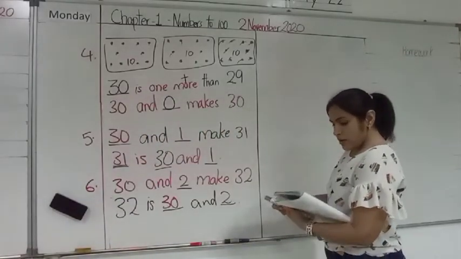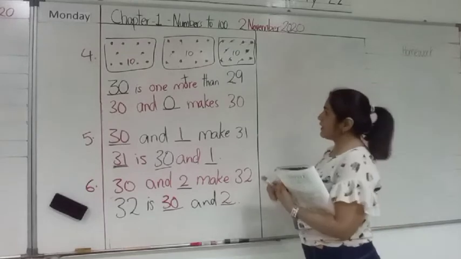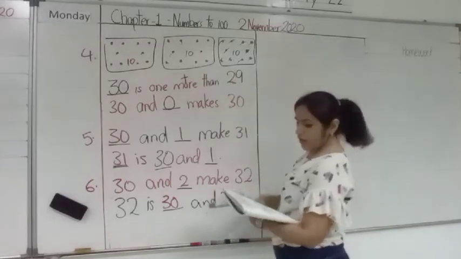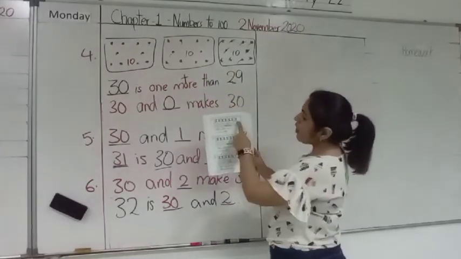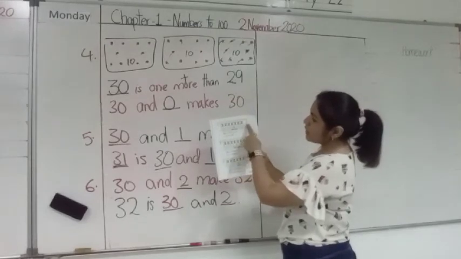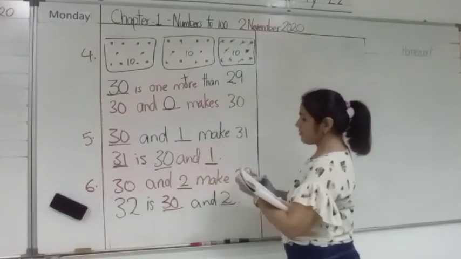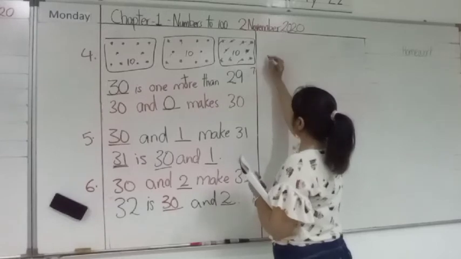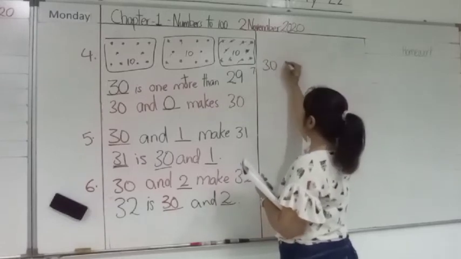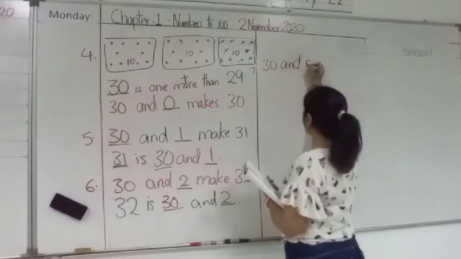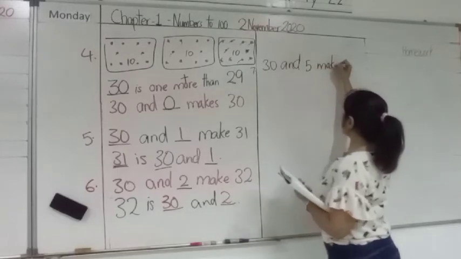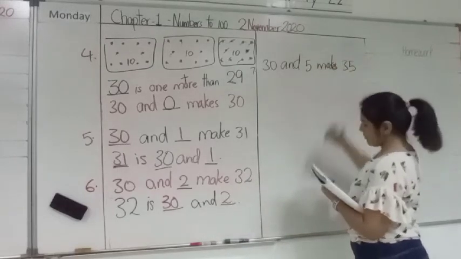There are 3 boxes of tens and there is a box with 5 dots. So 30 and 5. Number 7. 30 and 5 makes 35.